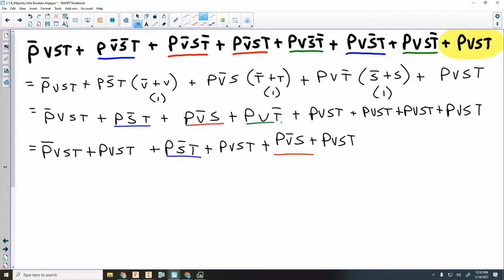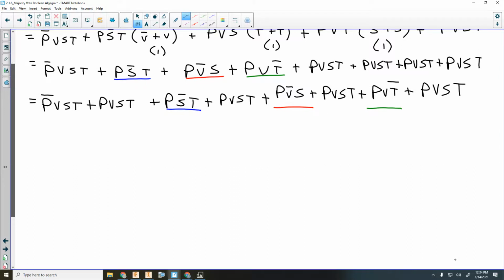And then there's the group I had with green. So then that's PVT naught or PVST. See where this is going? Now actually, after I did that, you might be able to finish it without any help.